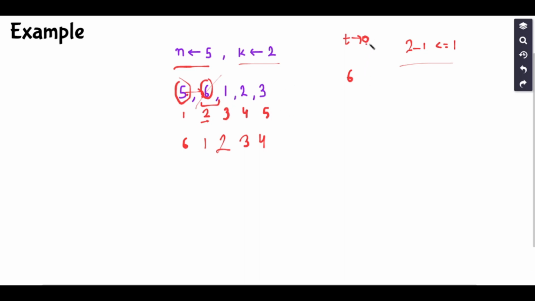Now 1 minute has elapsed. In the second minute, Marisa moves to the first position. We have two options, we can either move here or we can move here. So let's say we move to the left side because we have more mushrooms on that side.